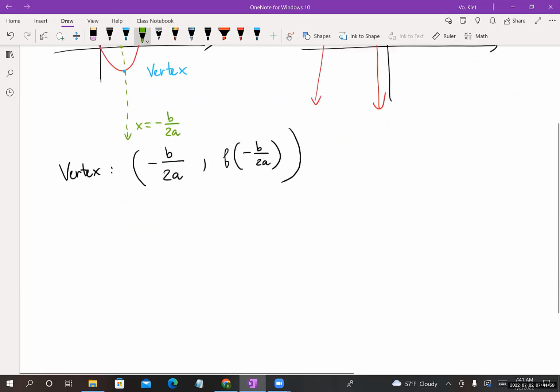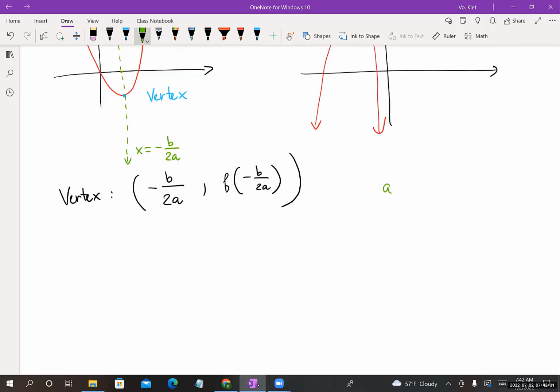If I have to solve ax squared plus bx plus c equals 0, I can use the quadratic formula. x is negative b plus or minus the square root of b squared minus 4ac, over 2a. So these are the two solutions to the quadratic equation.